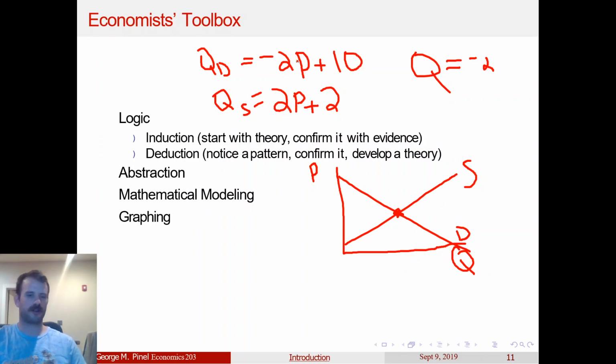As things become more expensive, you're less likely to buy it. Not necessarily always the case. We'll talk more about that later, but in general, that should be the case. As price goes up, you'll buy less of a particular item.